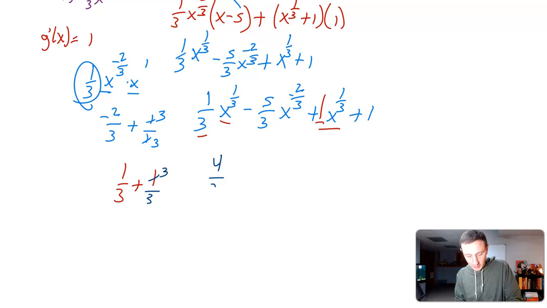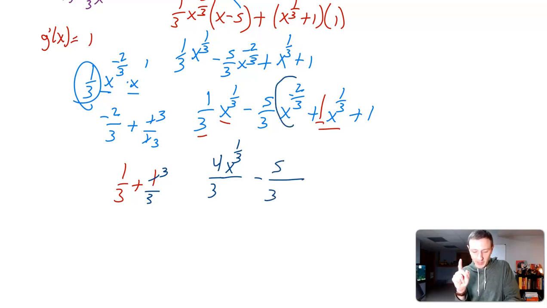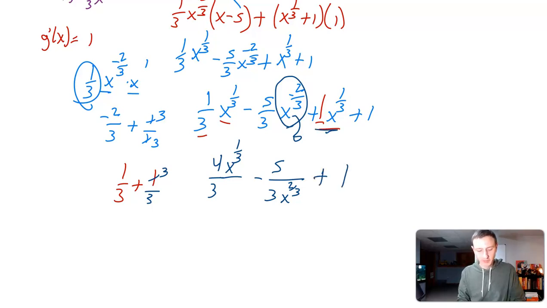So I'll write this as 4/3 x to the 1/3 minus, be careful here in this next term. I'm going to write this as 5/3, but where does the x go? Because it's x to the negative 2/3, that needs to come down, so this is going to become x to the 2/3.